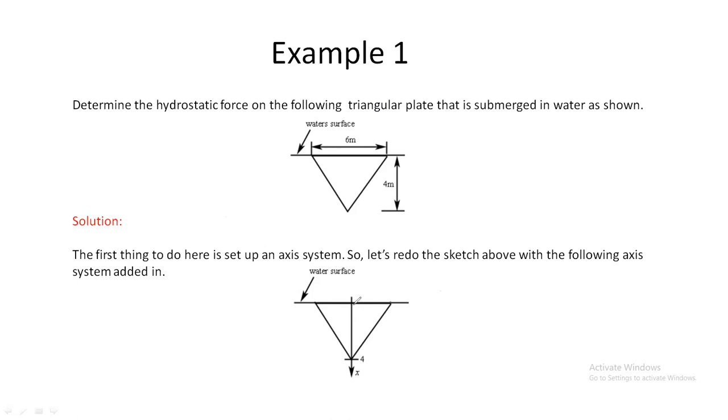What is important is that this vertical distance from the water surface down to your submerged triangular plate is x, not y, because the next part of the solution is represented as x as well. So for the horizontal axis it's immaterial. You can use any letter that you have in mind as your labeling, but the vertical axis is represented as x.